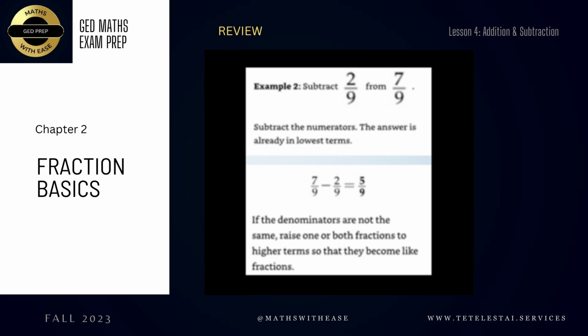So this is just telling you to remember to change the denominator in the event that it was different from one of your other fractions. You want to change that denominator to reflect the same quantity, in this case 9, and then you can continue with the subtraction.